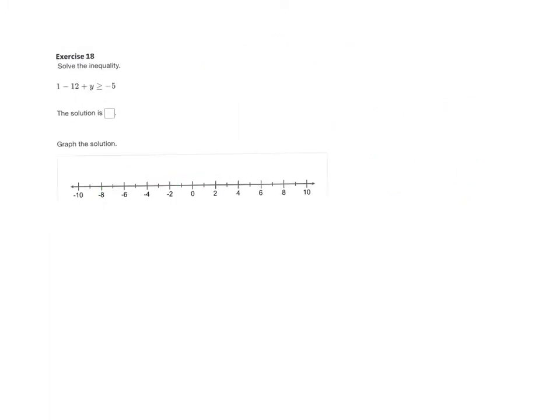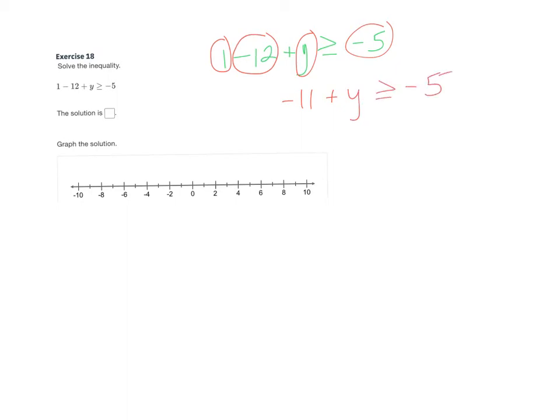Alright, on number 18, I've got 1 minus 12 plus y is greater than or equal to negative 5. Let's look at the terms on this one. The terms are 1, negative 12, y, and negative 5. So 1 take away 12 is negative 11, plus y, greater than or equal to negative 5. Now, in order to isolate the variable and get y by itself, I need to get rid of the negative 11.